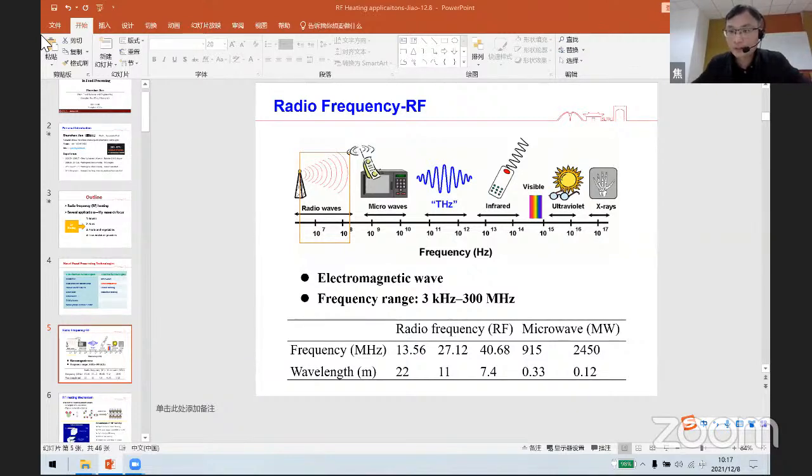But I think the most suitable way to apply the RF drying process is as a final stage drying method. It means that for the beginning stage of the drying, we can use a conventional method such as hot air drying to reduce most of the moisture content. We all know that for the final stage drying, it would be extremely hard.